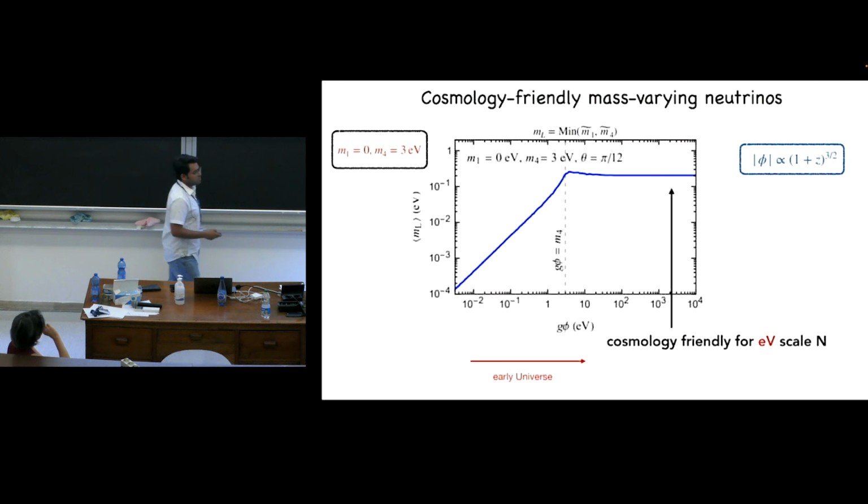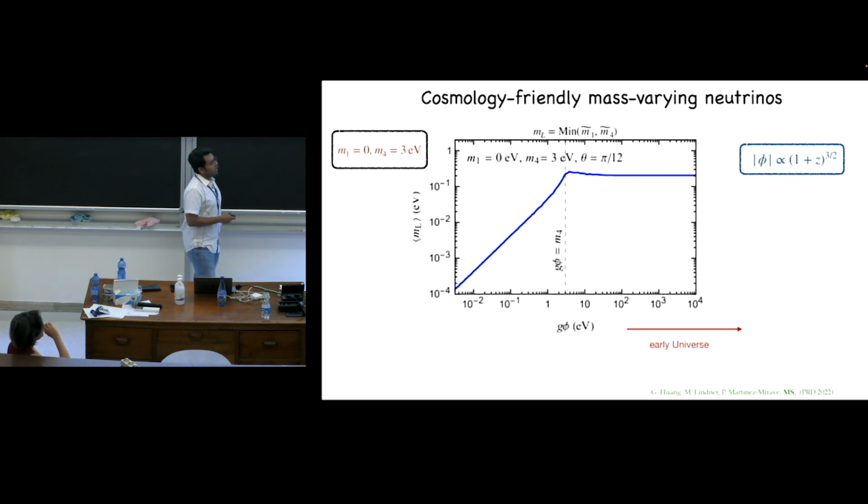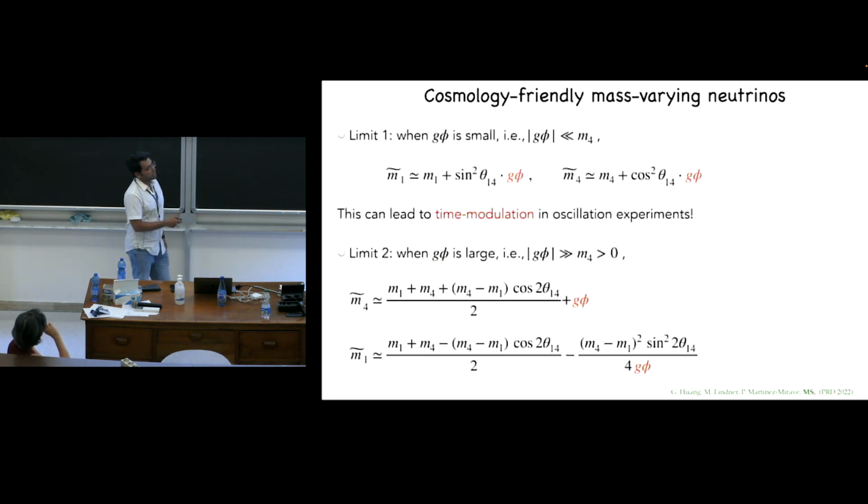But the nice part is, once you go to smaller values, you would have a contribution that grows directly with G5, which means that the time dependence of these scalar fields would be imprinted on the time dependence of these eigenvalues. And then you can search for the effects of these time dependences and try to constrain this model.